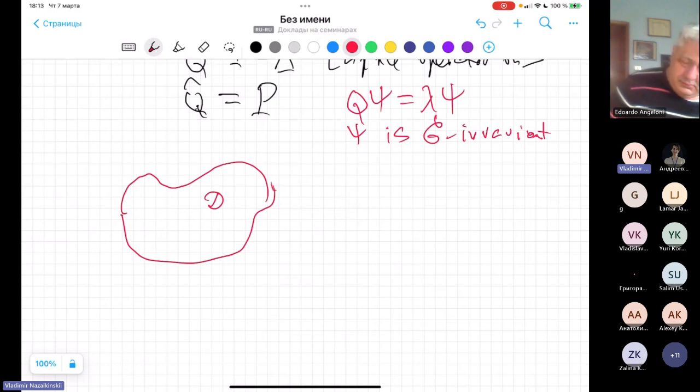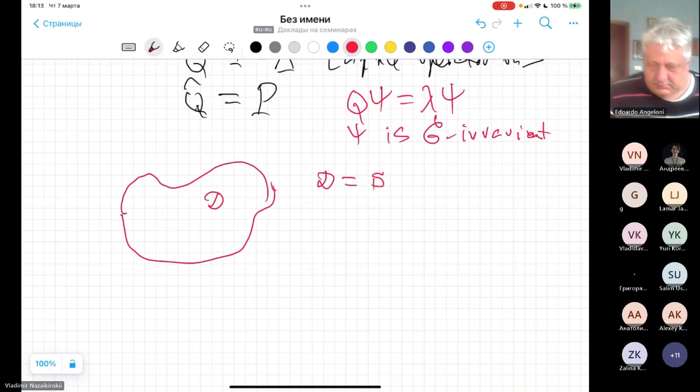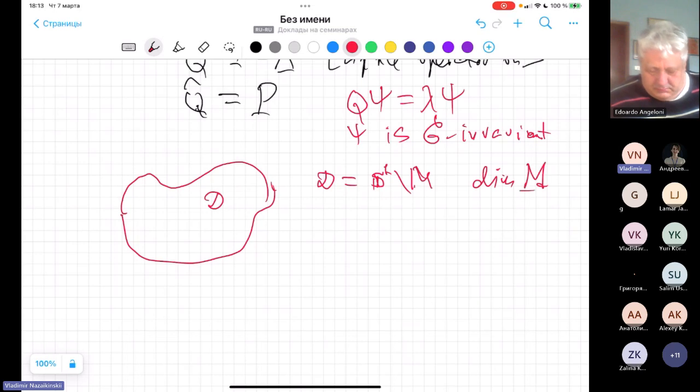We represent D as the quotient of some closed three-dimensional manifold M over the action of the group S1, and then we can also construct asymptotics.